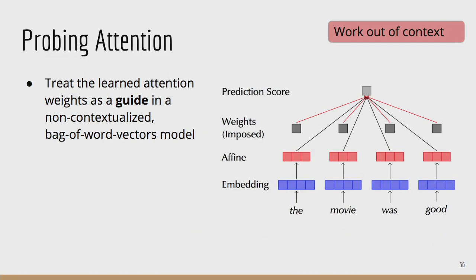So the goal is a non-contextualized bag of words model, and we can impose the learned attention weights from all of the different settings that we've run, and then see, ideally, if this method can perform well on a classification task, that's an indication that those attention scores do correspond to that one-to-one relation between the input tokens and the output prediction.